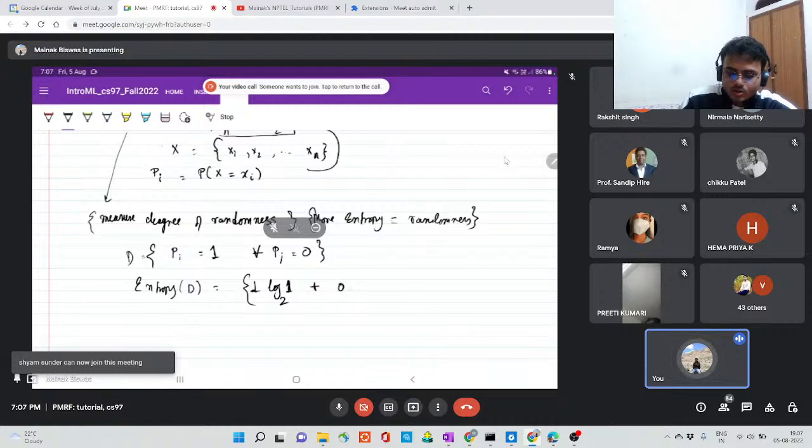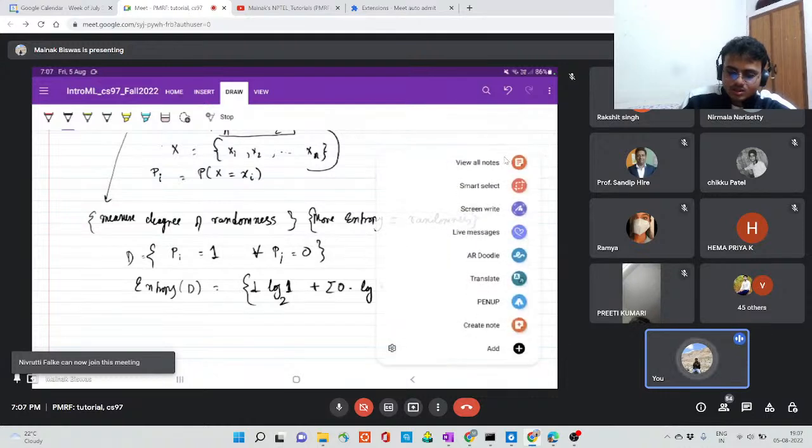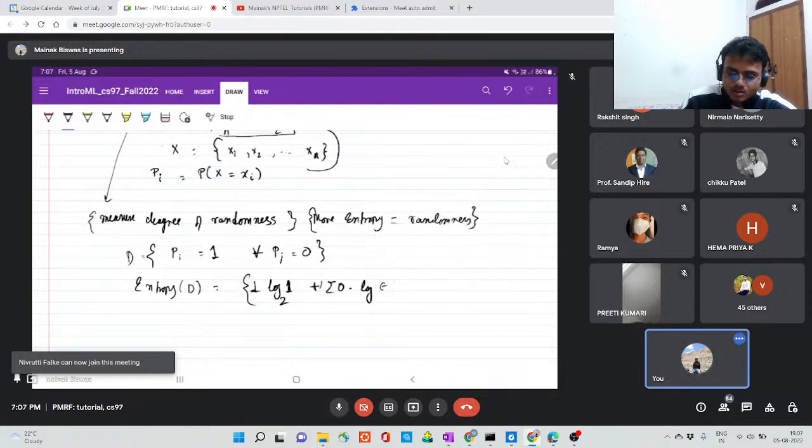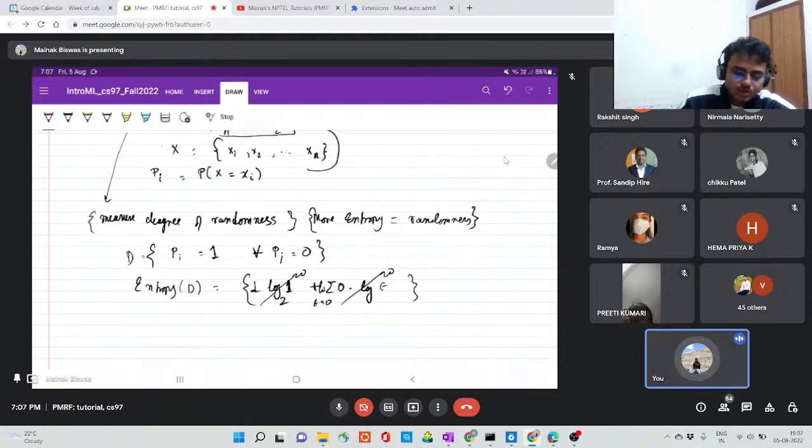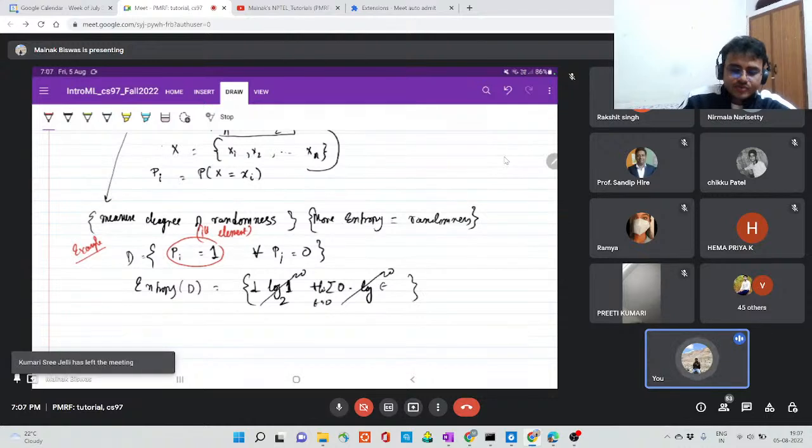So you get 0 for all the rest. So log 0, you take some epsilon tending to 0. So this is also 0, and this is also 0. This is why I try to motivate using this example. You can clearly see for the ith element, the probability of that occurring is 1.